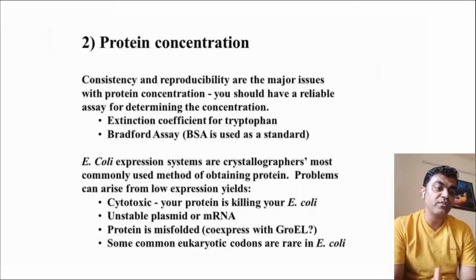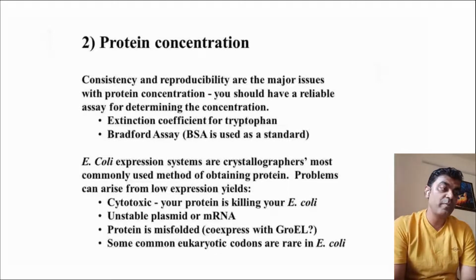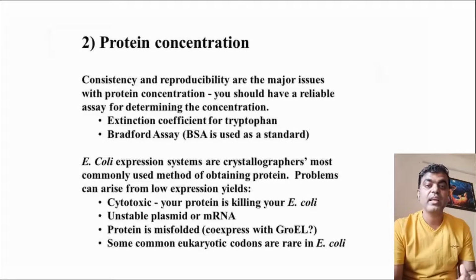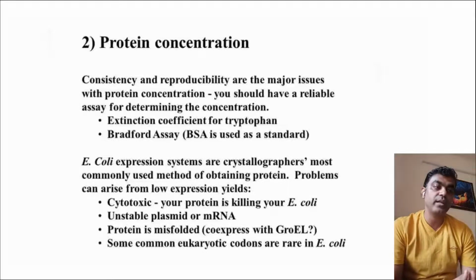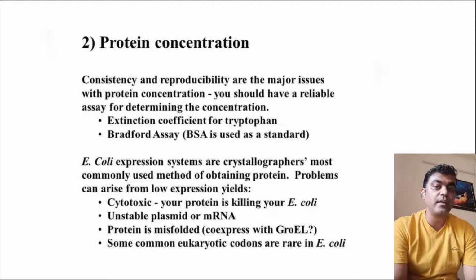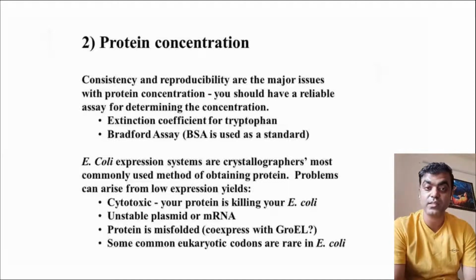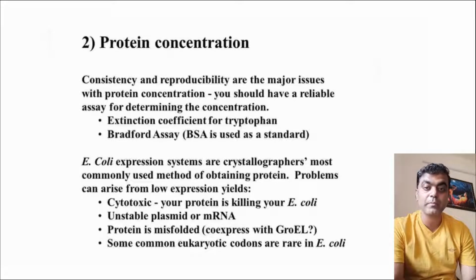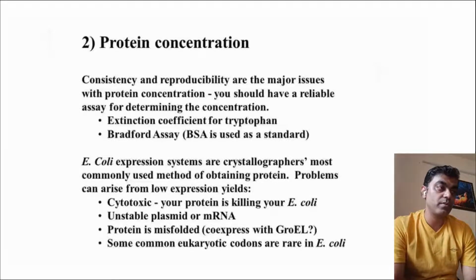You may have misfolding because structural stability is not there in the protein, and some eukaryotic codons are rare in E. coli, but still at times you see this happening, which may alter your protein concentration. So these are the practical problems which I am discussing with you. You should always keep this in mind while going through this process.